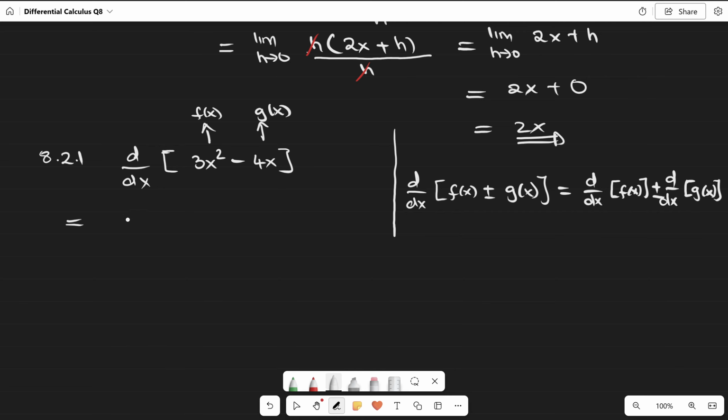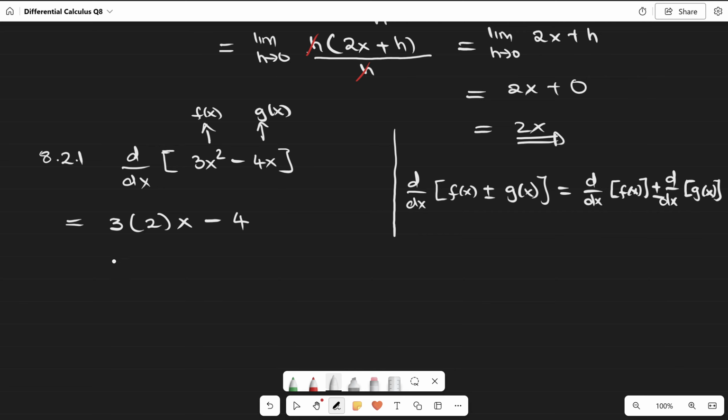So this is 3 multiplied by 2, because we bring down the exponent. Then x, and we subtract 1 from the exponent, we are just left with x to the power 1, which we don't have to write. Minus 4 multiplied by the exponent, which is 1, and x to the power 1 minus 1 is x to the power 0, which is the same as just 1.